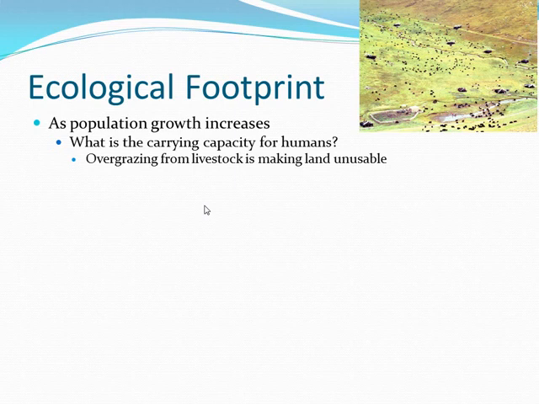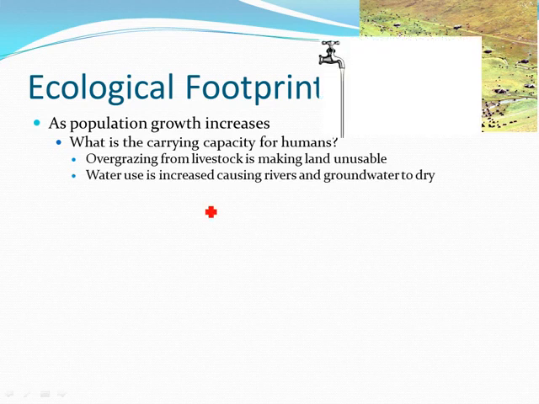So overgrazing from livestock can make some land unstable and unusable. The amount of water used will also increase because of the increase in population. That's going to cause the rivers and groundwater to dry up. And how much of that do we have on this earth, kind of thing.